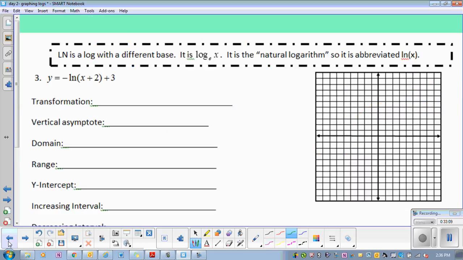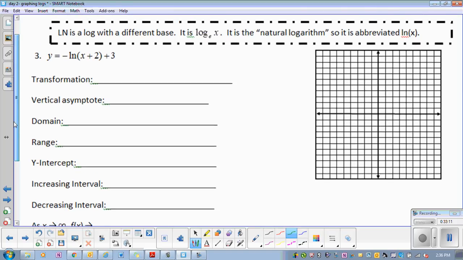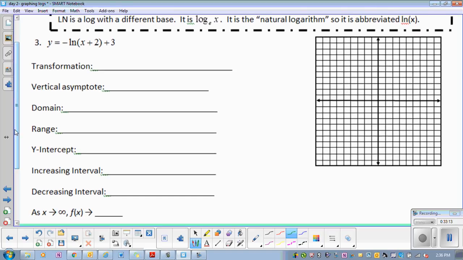Now let's look at number 3. Remember how when we talked about e in exponential, e is Euler's number, right? So e is an irrational number, approximately 2.718.